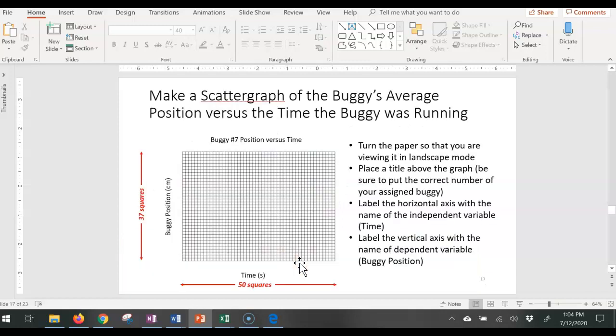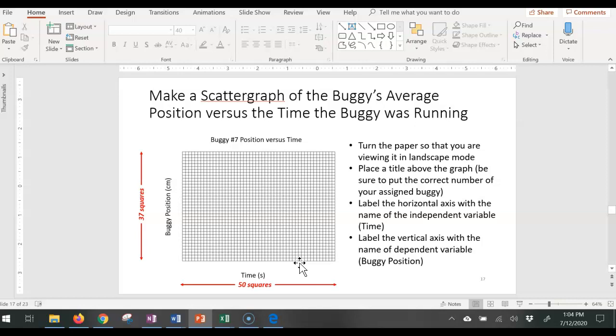Okay, once all of the data has been collected and you've calculated the average positions for each level of time that was measured, we want to make a scatter graph of the average final position versus the time that the buggy was running. I have given you a sheet of graph paper, and we're going to make this graph by hand. So you want to turn the paper so that you are viewing the page in landscape mode.